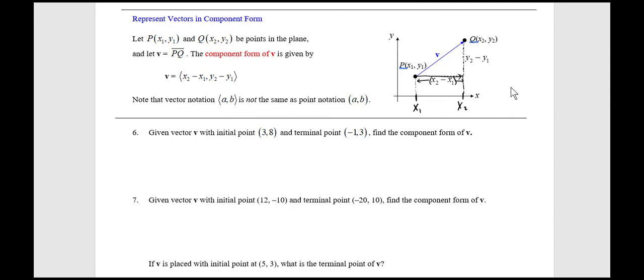And so that value, how far we had to go to get from the initial point to the terminal point of our vector, how far we had to travel in the x direction alone, and how far we have to travel in the y direction alone to get there. Those 2 numbers are really the defining features of this vector. We can describe this vector completely just with those 2 numbers.